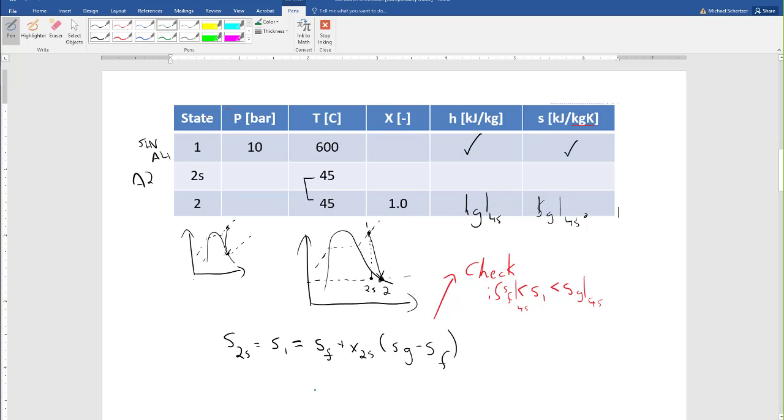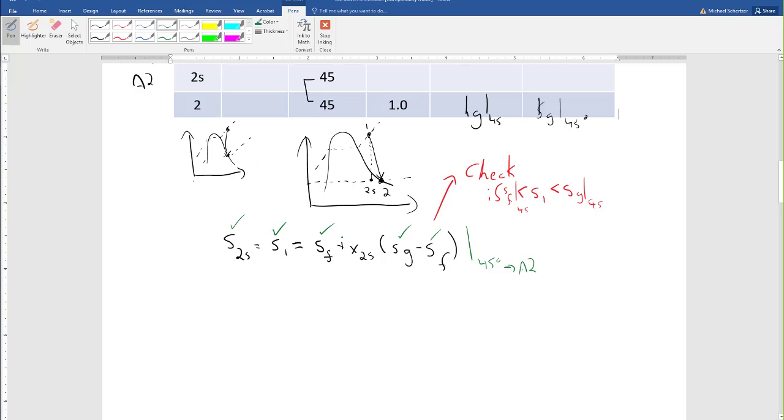So when I look at this, I know S2S because it's equal to S1. I know SF and SG, those things I all evaluate at 45 degrees from table A2. So what I'm going to use this equation for is to find X2S. So here I'm going to say X2S is equal to S1 minus SF divided by SG minus SF, right?